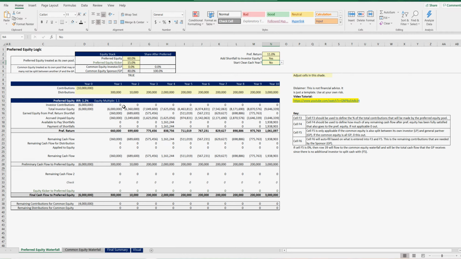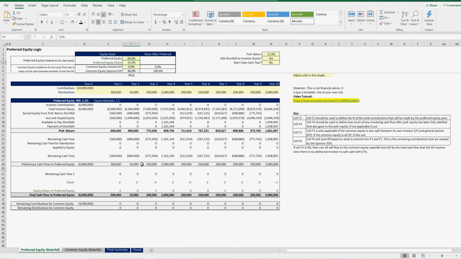And what the model does is show you the pref return each year based on what was contributed versus what was returned, what was available to be returned, and then the remaining cash would be split between the preferred equity part and the common equity part based on this percentage here, 15%. So in this case, it's 15%.